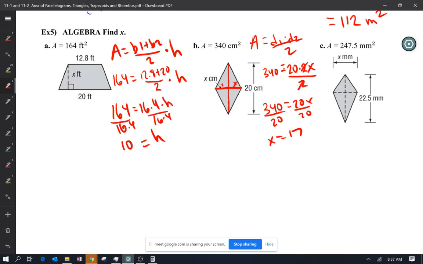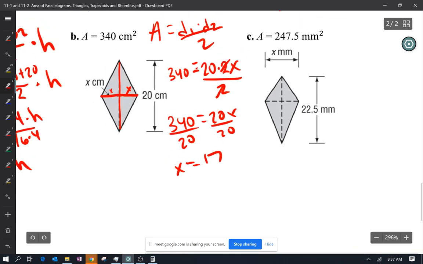Okay, last problem. So we know kites use the same formula, diagonal 1 times diagonal 2 divided by 2. Area is 247.5. Diagonal 1 is 22.5. Diagonal 2 is x this time, right?